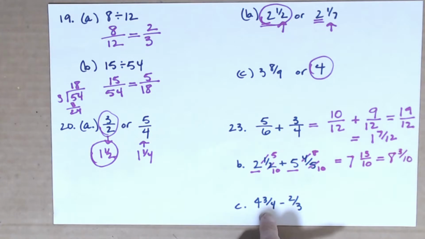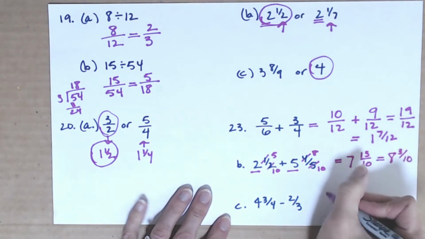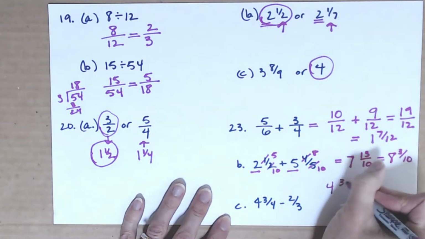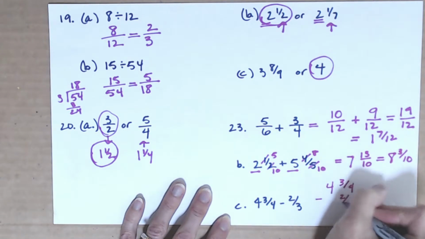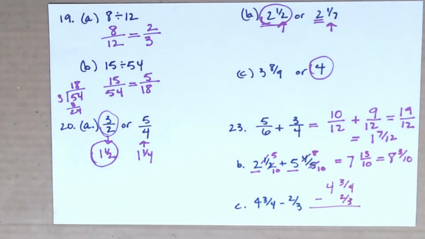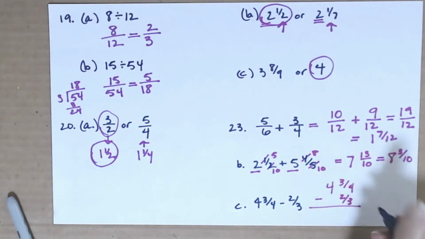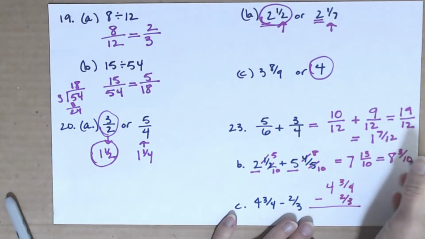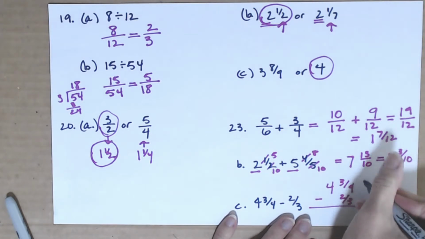The last one here is subtraction. 4 3/4 minus 2/3. I am going to write this one vertically. Sometimes that makes it easier for me. I need to make like denominators, so I have 4 and 3. I know that 12 is the lowest common multiple of those.